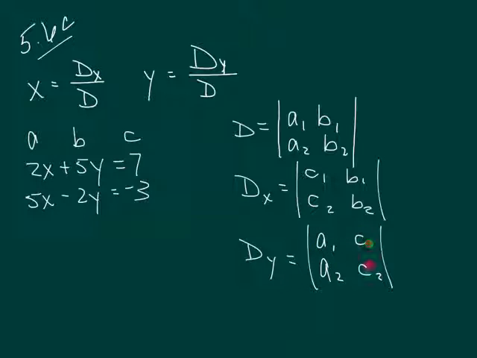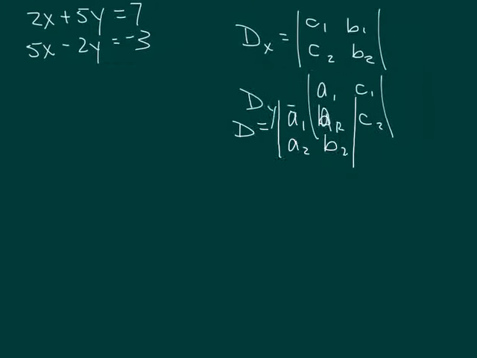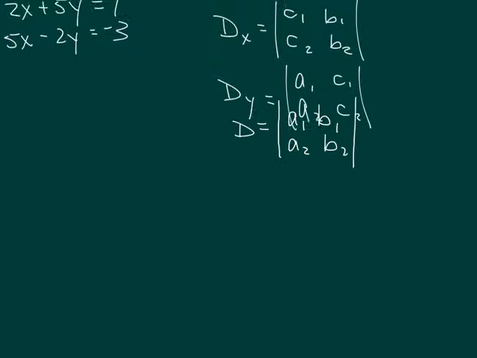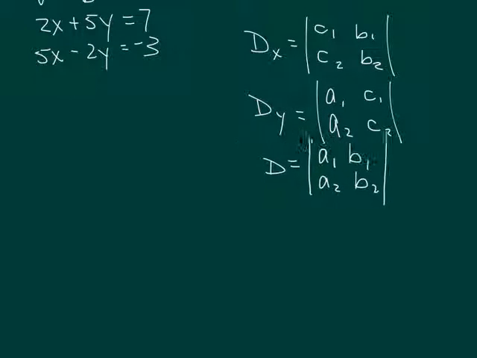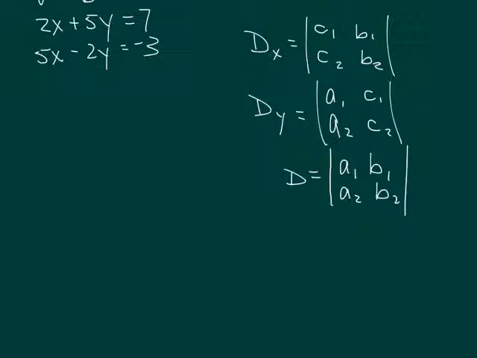So my b column is now c, and my a stays that way. Let's go ahead and do this. Let me move some stuff up a little bit. There's my system, and here are the three pieces of information I need.